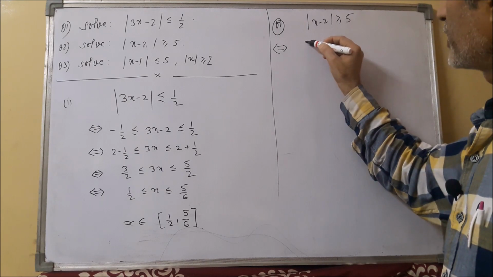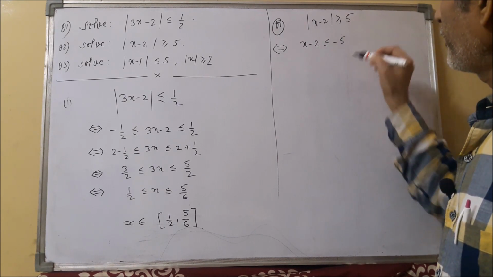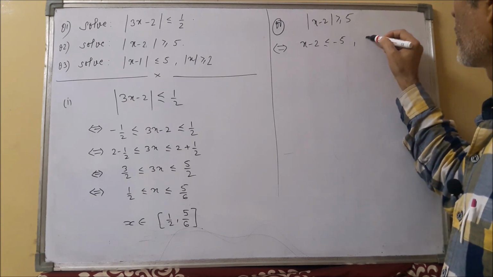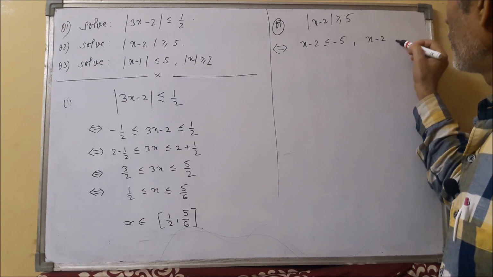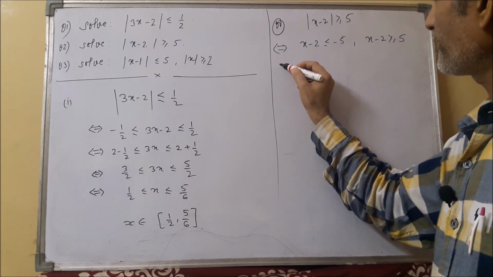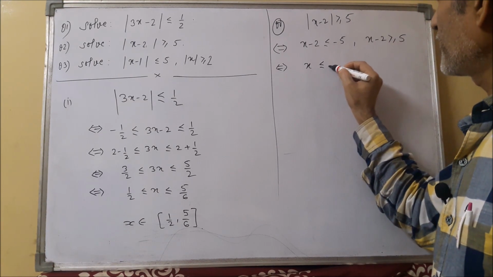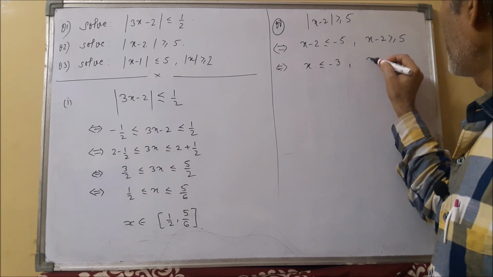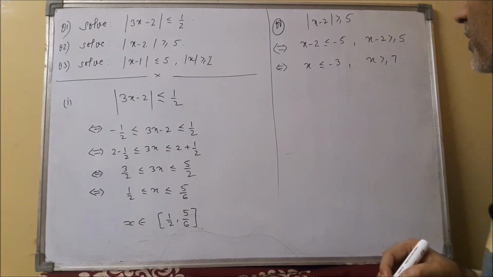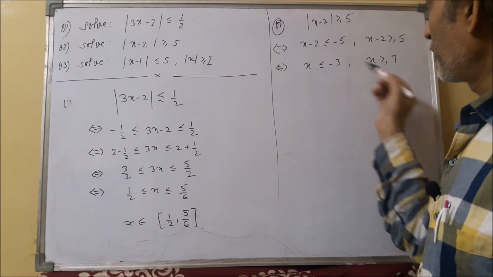This implies either x minus 2 will be less than or equal to minus 5 or x minus 2 will be more than or equal to 5. This implies x less than or equal to minus 3 and x more than or equal to 7. Now just by plotting it on a number line, you can see what is the answer.